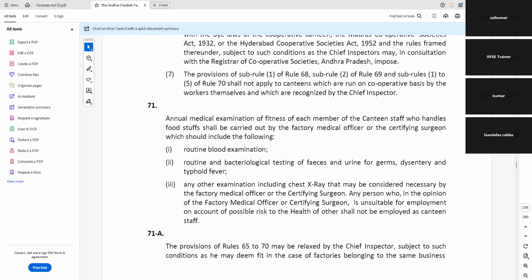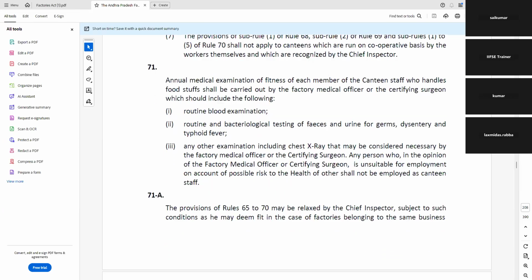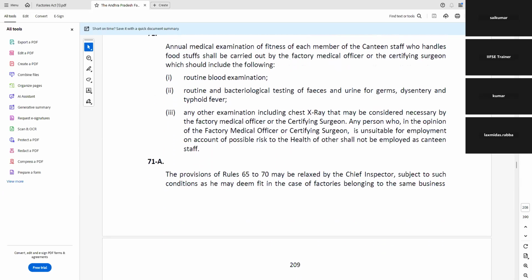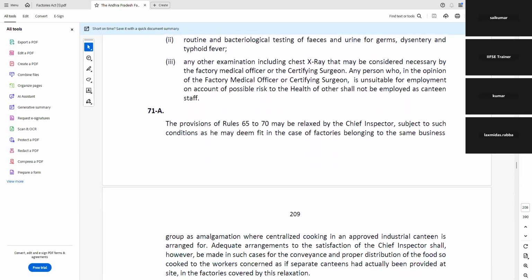Any person who, in the opinion of the factory medical officer or certifying surgeon, is unsuitable for employment on account of possible risk to the health of others shall not be employed as canteen staff. So they will be going for medical examinations. If the medical officer finds that he is not fit for continuing the employment because of health risk to others, he will not be selected for the canteen work.